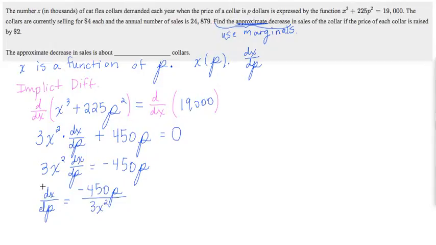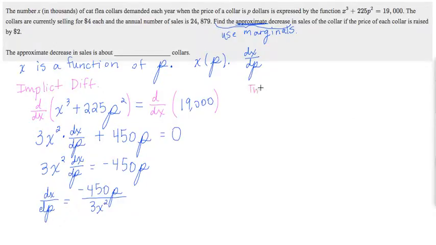And that's the general derivative that tells the rate of change of sales with respect to the price. So if we want to find the approximate decrease in sales if the price is raised by $2, first we'll find the approximate decrease in sales if the price is raised by $1, and then we'll double that. Okay, so let's write that out.